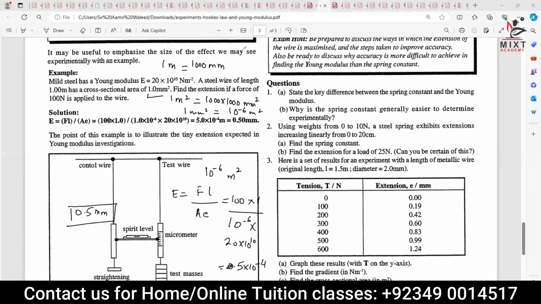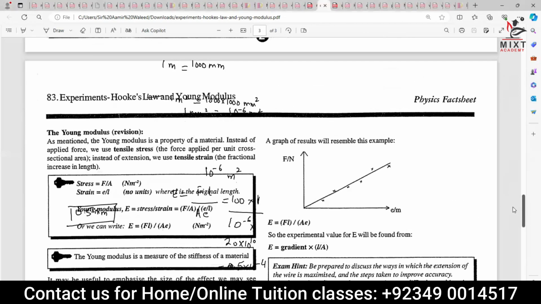One more thing, and then we will finish the lesson for today. Whenever you have a graph between force and extension, the gradient of the graph means Newton per meter.